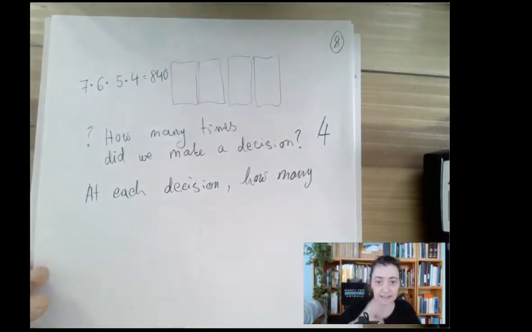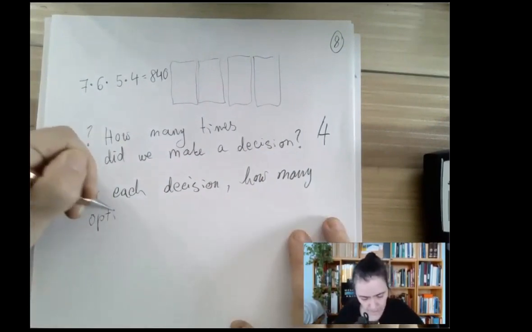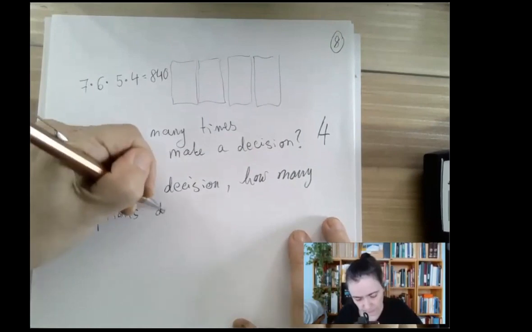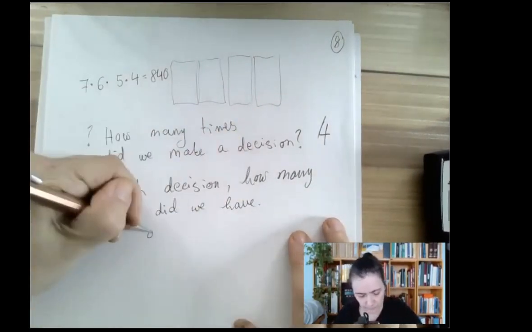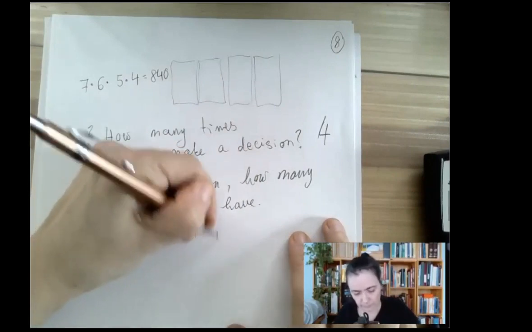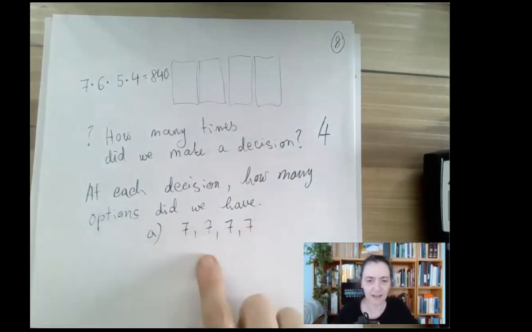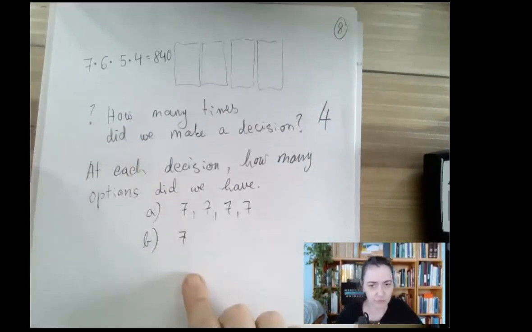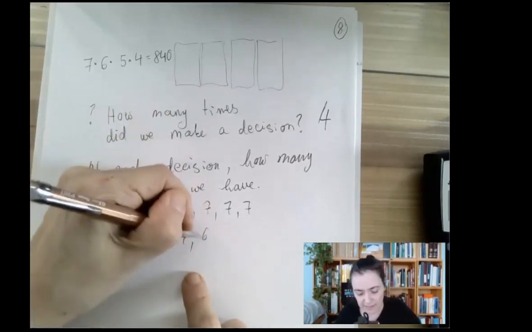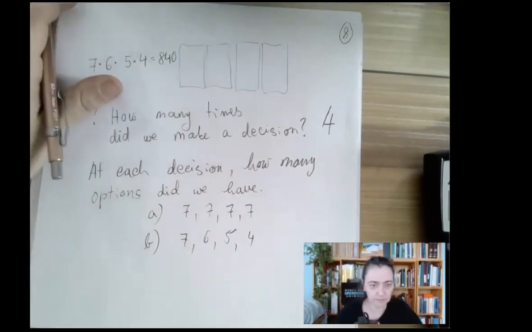In the second case, they decreased by 1, right? So all 4 times, there were 7 options, and in the second, for the first decision, we had 7 possibilities to choose from. For the second one, we had 6, 5, and 4.